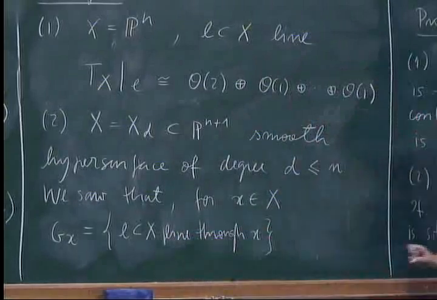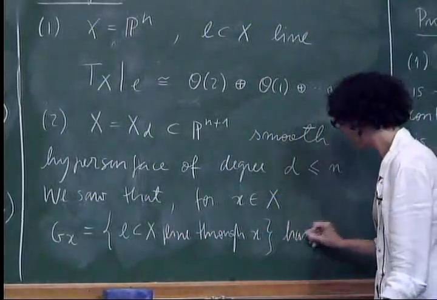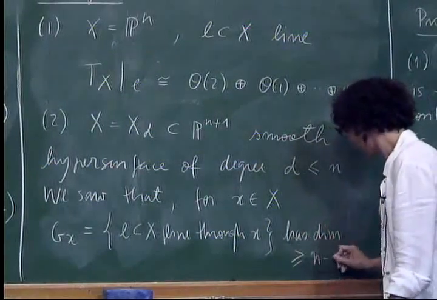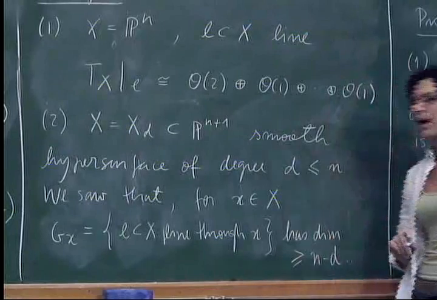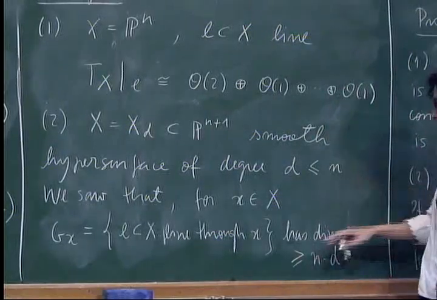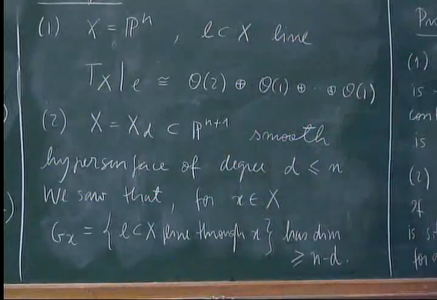We computed the dimension of this space, or at least an estimate, and we saw that it has dimension at least n minus d. So in particular, under this hypothesis, we always have a line through a point.